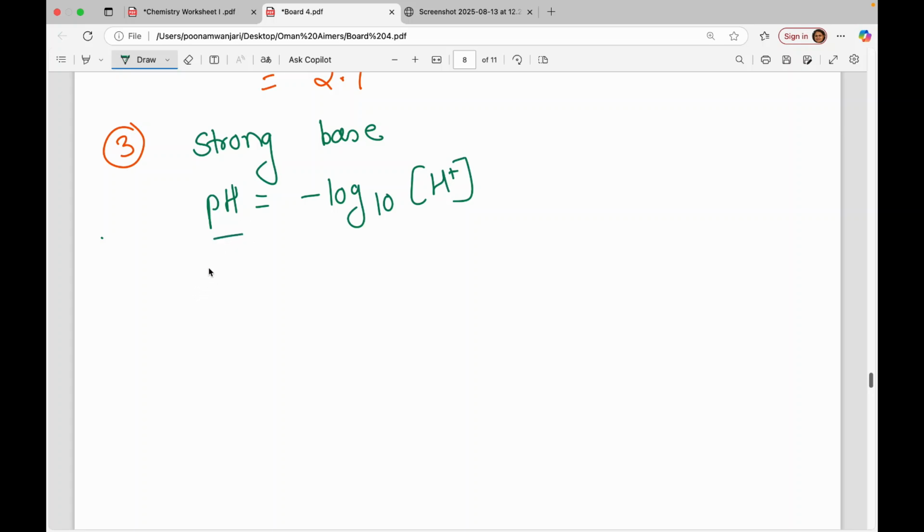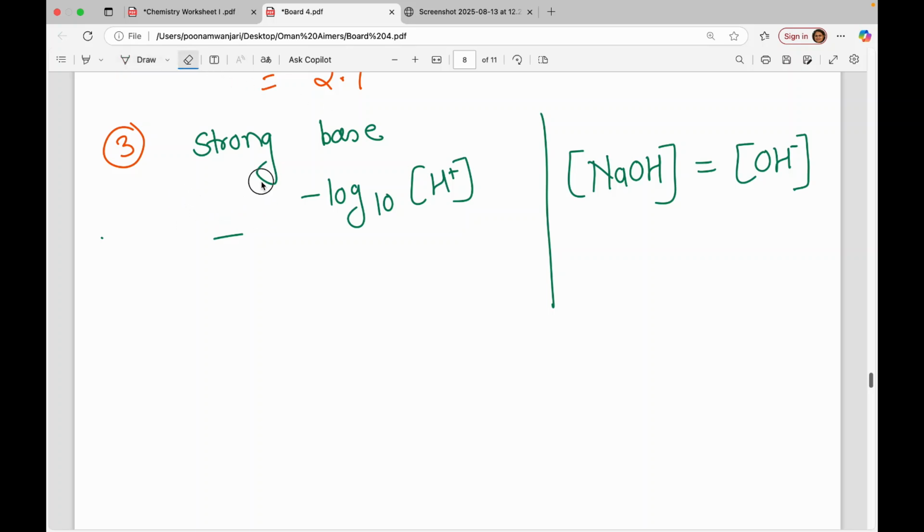But students, we know that here the H plus concentration is not given. Whenever a strong base is there, the concentration of the base is given, and that concentration of base, if I write the concentration of sodium hydroxide, will be equal to the concentration of hydroxyl ion. And students, the given concentration is of hydroxyl ion, not of H plus.